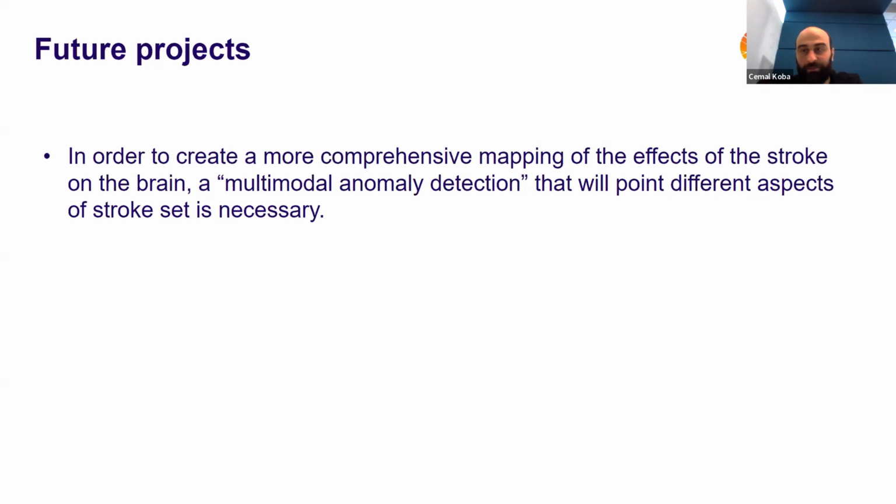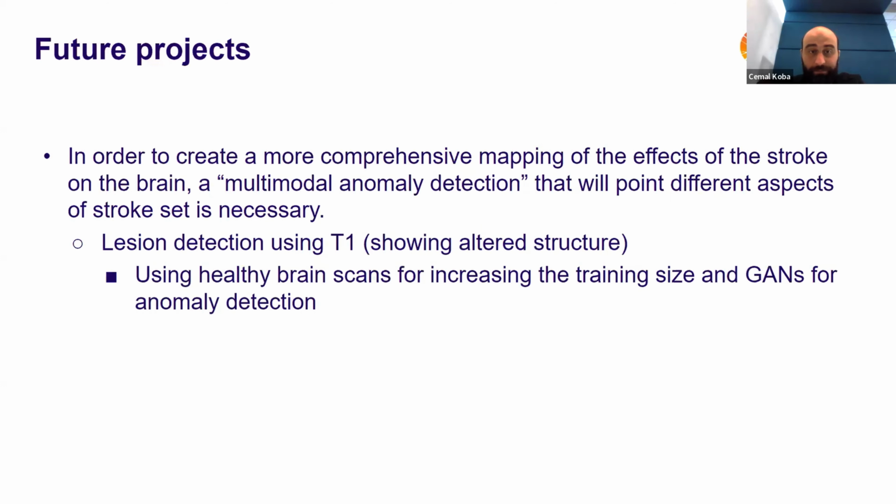So I want to go for a software suite that would report the effect of the stroke from different perspectives. For example, lesion detection using T1. This will show us the altered structure of the lesion and will be useful to segment the lesion area.